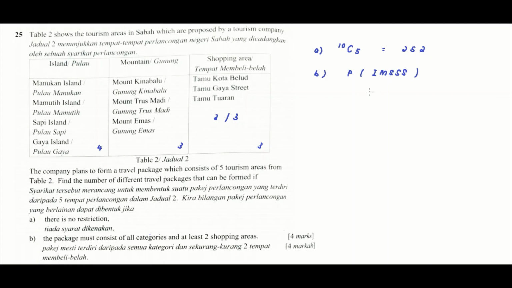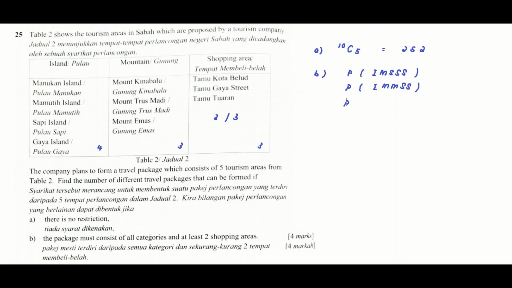Then, what is the other one? Now I already finished the 3 shopping areas one, so I have 2 shopping areas now. So it can be 1 island, 2 mountains, and 2 shopping areas.